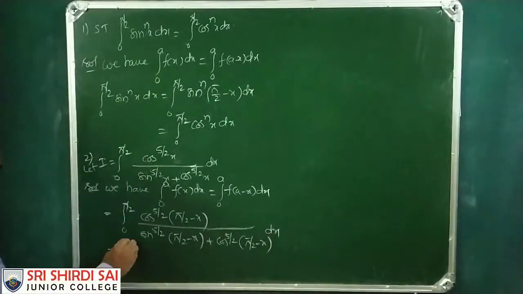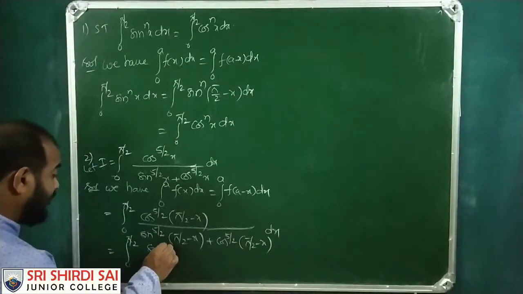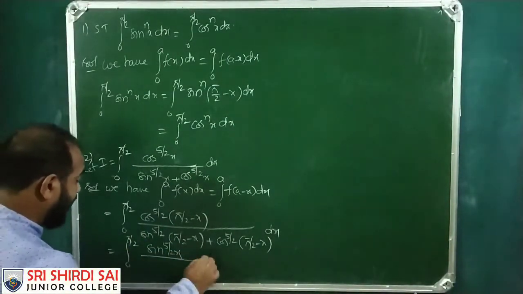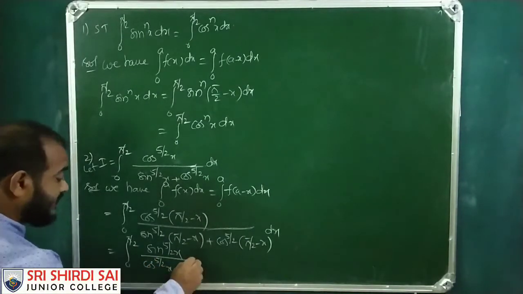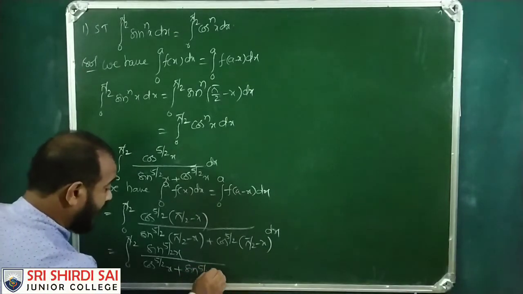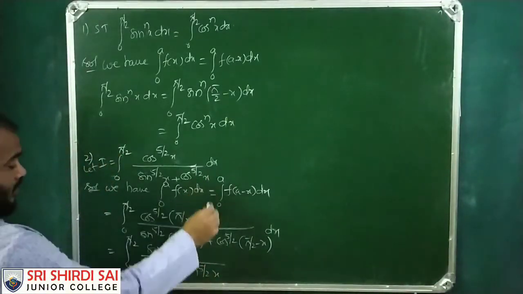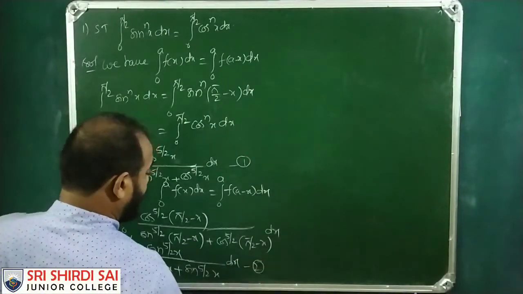So this equals the integral from 0 to pi by 2 of, cos 90 minus x is sin x, whole power 5 by 2, so sin power 5 by 2 x by cos power 5 by 2 x plus sin power 5 by 2 x. So the given one is 1 and this is 2.